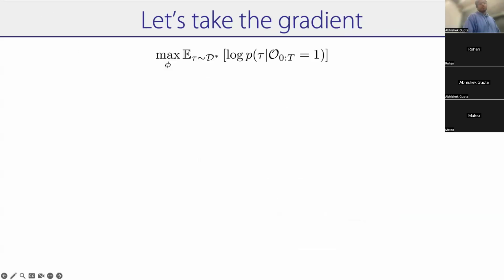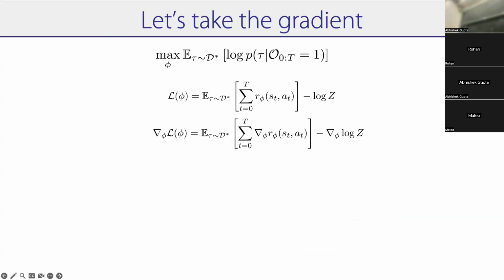Okay, so the first term is easy to compute. The second term is hard to compute. But let's take the gradient and see, just pray for the best, you know? And so we're going to take the gradient. In the first term, this thing doesn't depend on phi. It's just expert data, right? The only thing that depends on phi is the rewards, and so you can stick the gradient inside, and the first term becomes just the expected sum of gradients.